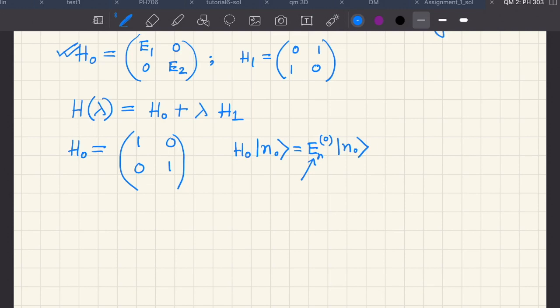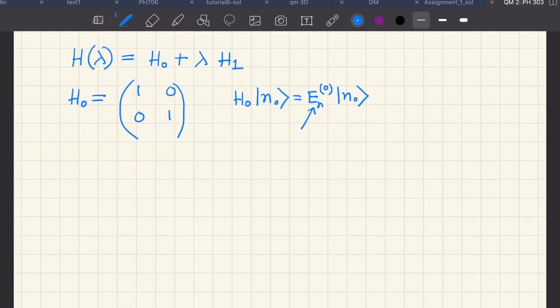Now let us apply a perturbation which we are denoting by 0 1 1 0. So this is the perturbation. This is an off diagonal Hamiltonian. In fact, if you remember, this is basically one of the Pauli matrices.